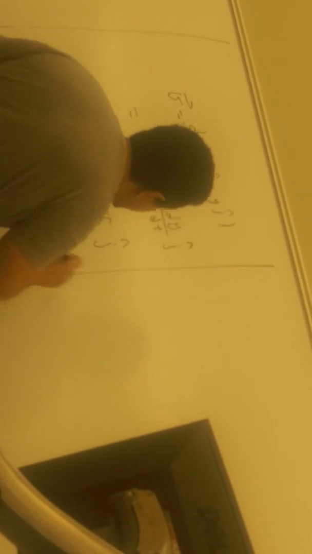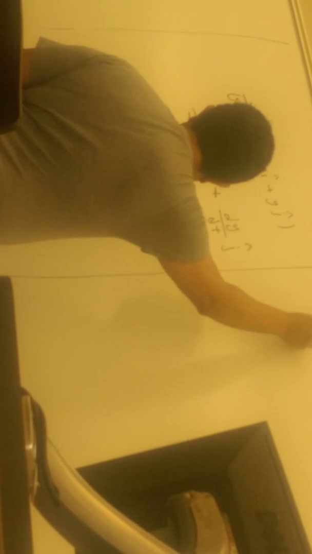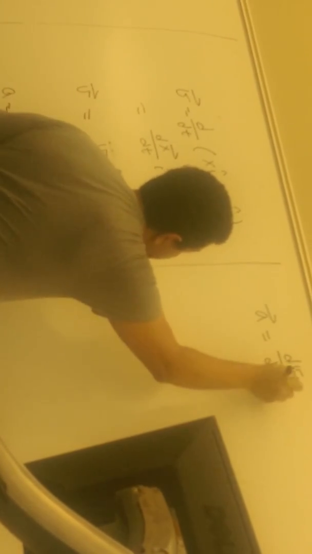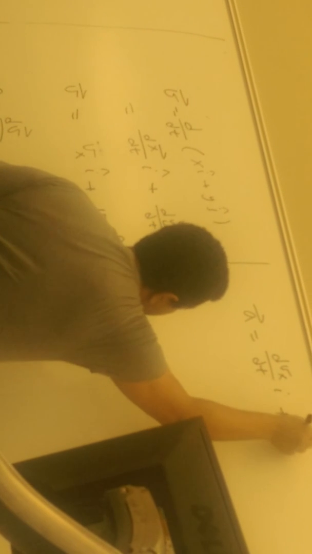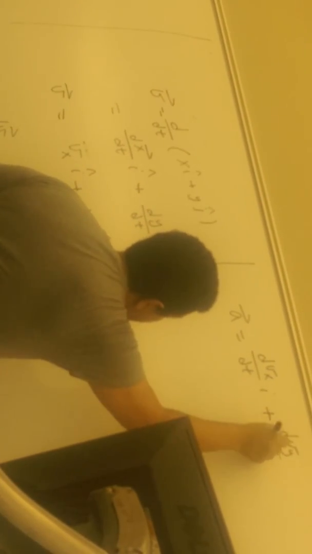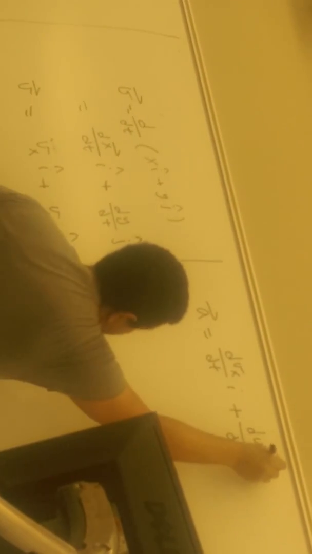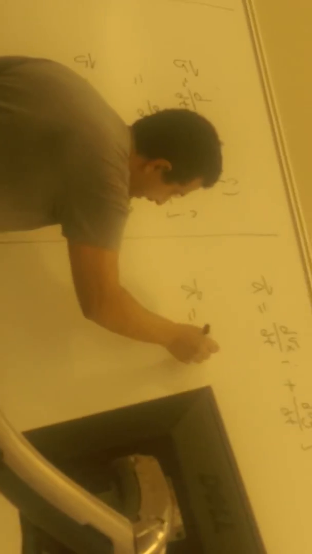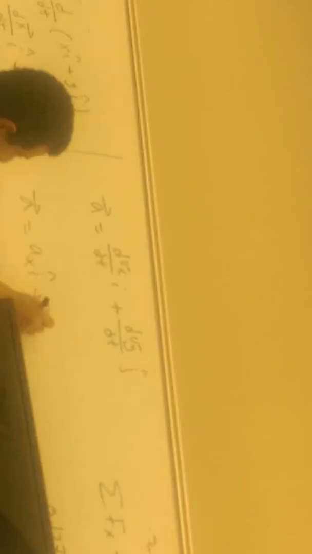And finally, you could differentiate v. You could say that a is dv dt, and by doing that, you would have a equal dvx dt i hat plus dvy dt j hat, and then based on that, this would be ax i hat plus ay j hat.